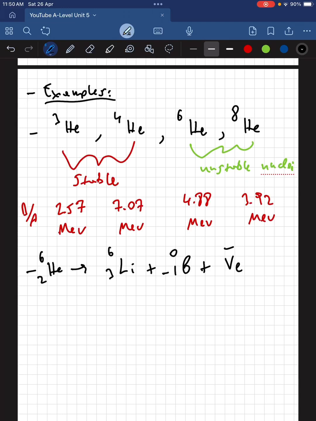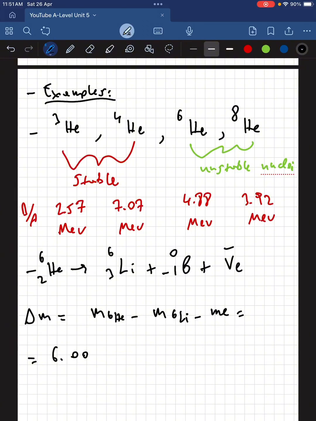Okay, let's go find the mass deficit for this case. So the mass deficit is the mass of helium-6, which is the reactant in this case, minus the mass of lithium-6, minus the mass of 1 electron, okay? And using their masses found in tables.